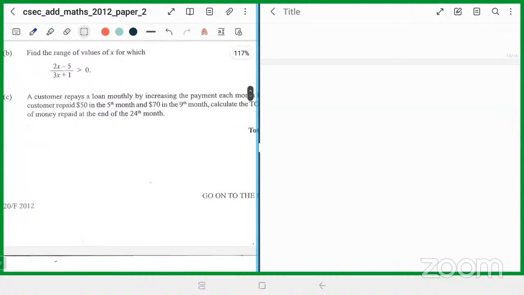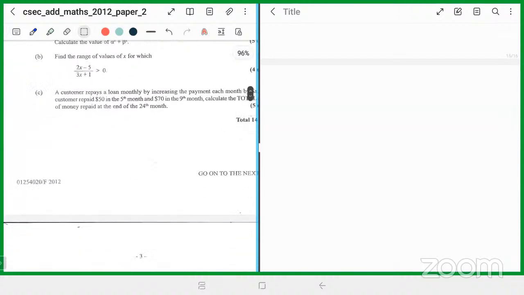There are questions that will ask you to prove that a series is a GP or prove that a series is an AP, mostly GP. All you need to do is show that it has a common ratio, by showing that a term divided by the preceding term is the same throughout.